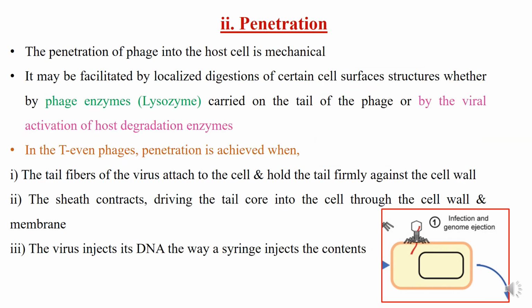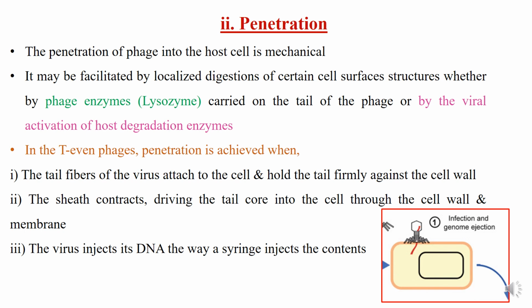Coming to the second step, that is penetration: penetration of the phage into the host cell. It is a mechanical force. Because of the mechanical force applied by the tail of the bacteriophage, the viral nucleic acid comes into the bacterial cell.